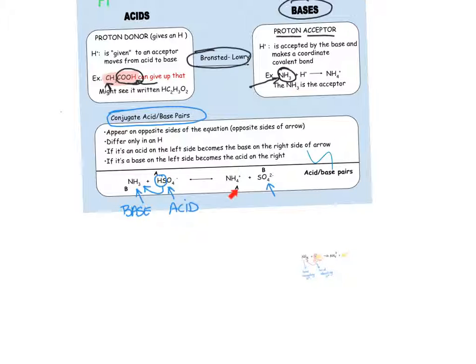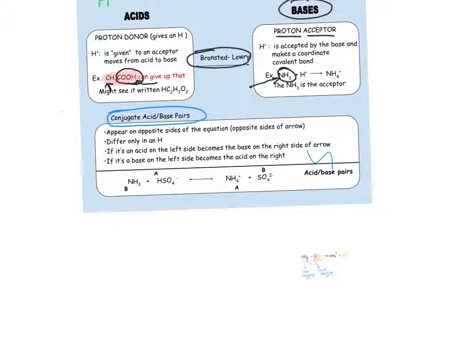So this acid and this base are considered acid-base pairs. They're a pair because that acid has one more hydrogen than this base. Always, when you are looking for conjugate acid-base pairs, the acid will always have one more hydrogen than the base.